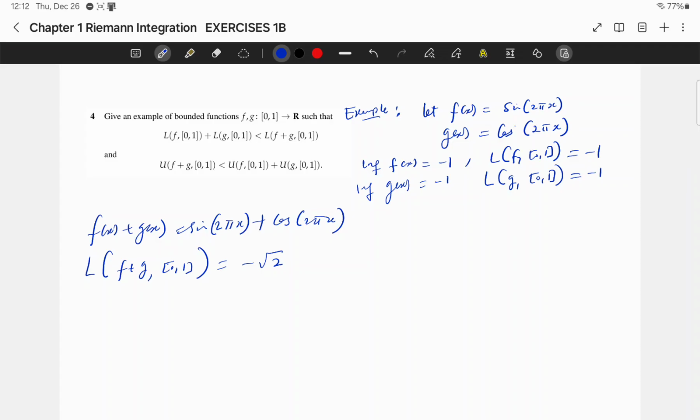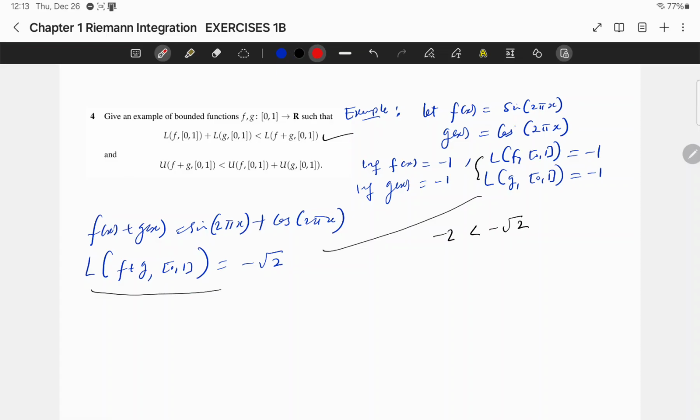Let's go with the infimum first. If you add up these guys, we have minus 2. So minus 2 is less than minus root 2, and that implies that the addition of these two is less than this, which satisfies the first condition.